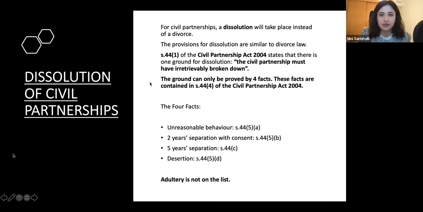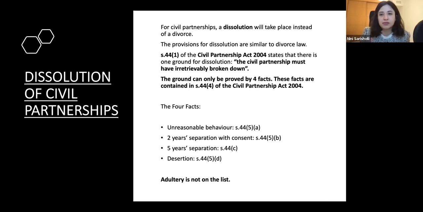Dissolution of civil partnerships. Dissolution takes place instead of a divorce. Usually civil partnership was a union for same-sex couples. But recently, I think it was in 2019, it was allowed for opposite sex couples as well, because some opposite sex couples didn't want to be married, but they wanted a more modern form of union, because marriage can be very traditional and associated with some status.